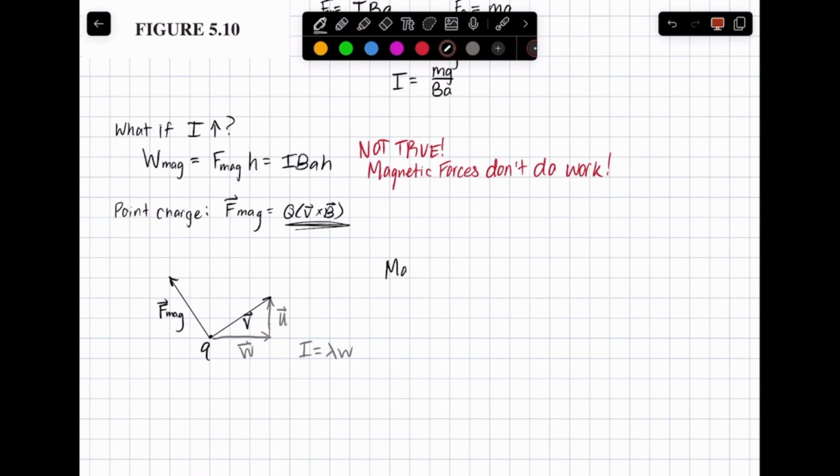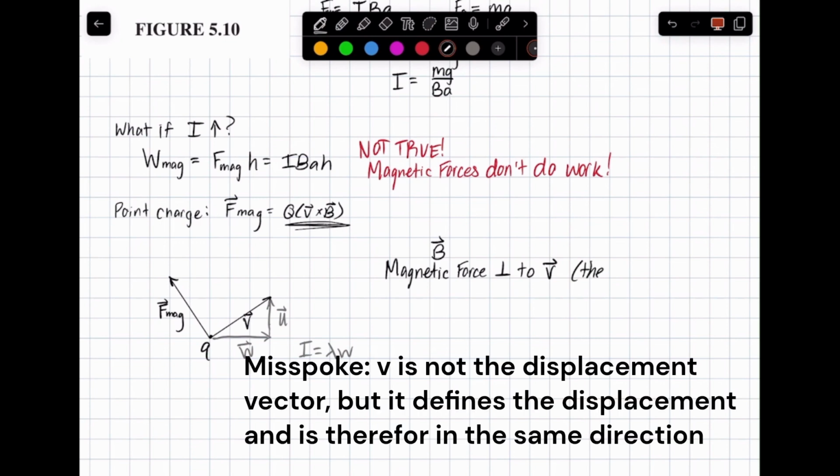I'm going to write that down real quick. And this is the displacement of the charge, right?